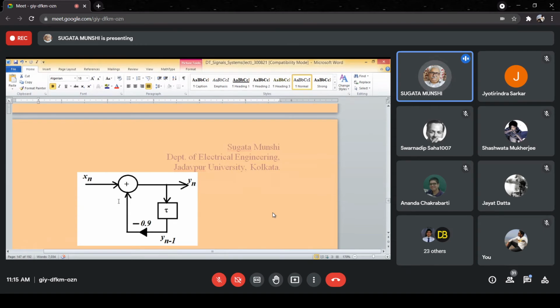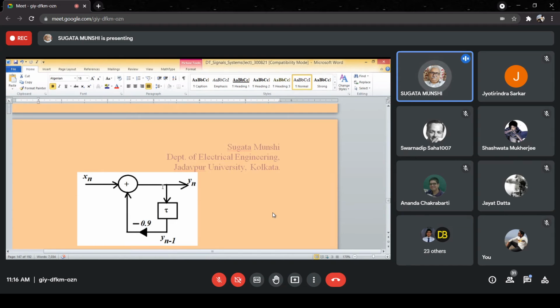Depending on the coefficient value with which you are multiplying and then rounding off, it may happen that although the input has ceased to exist, the output may continue to oscillate with a steady amplitude until another non-zero input comes here and breaks this oscillation. That type of thing is known as limit cycle oscillation, zero input limit cycle oscillation. All right. That may happen here.